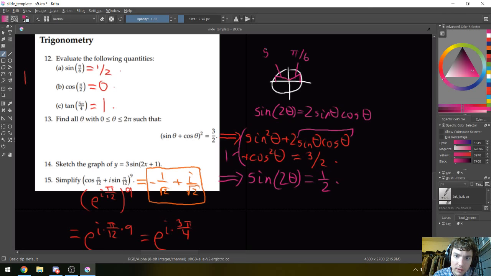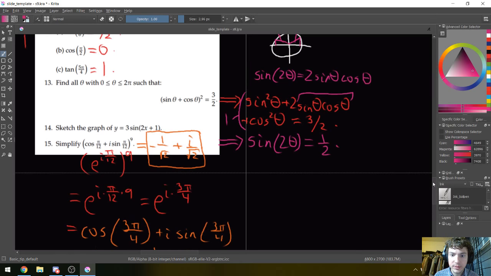Okay, so here's the tricky thing. This is the thing we didn't discuss before. Those are the two possibilities, but now we're actually going to get 4 possibilities when we take into account this 2 theta inside. And the reason for that is the following.